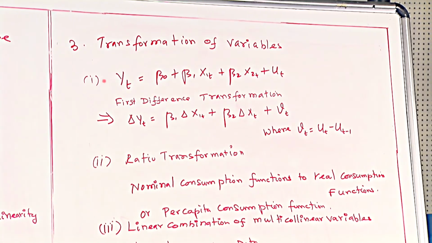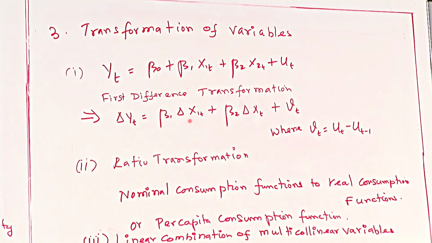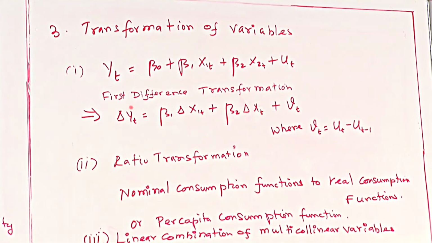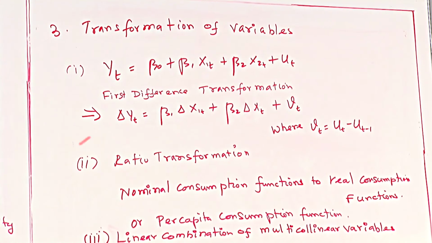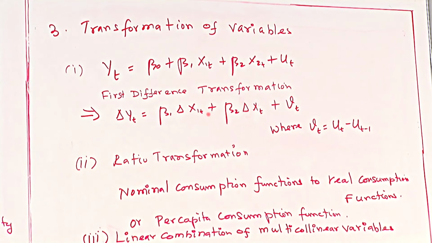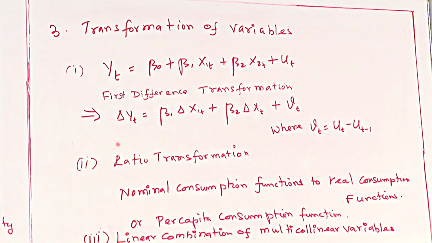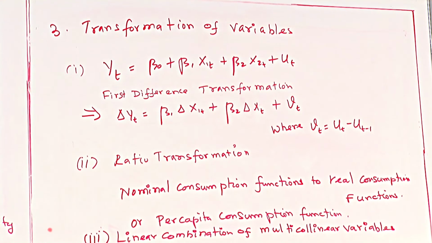If the model is a time series model, then we may consider the first difference transformation for the regression model. Instead of running the regression model at the levels, we may run the regression model at the first difference. That is, instead of running a regression of yt on x1t and x2t, we may run the difference regression, delta yt on delta x1t and delta x2t.